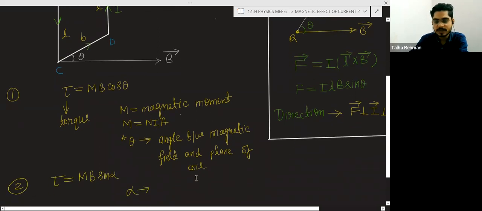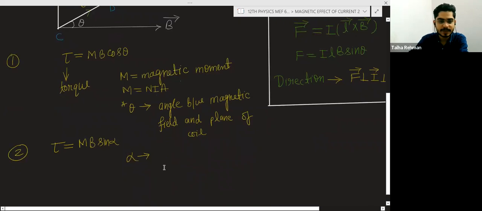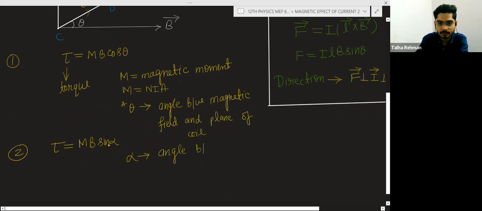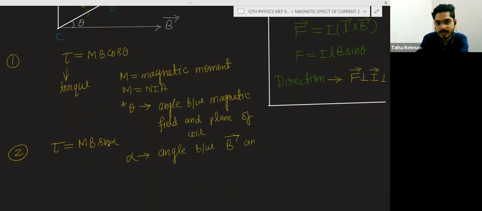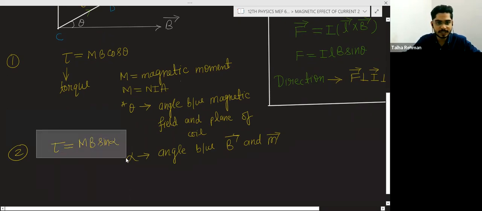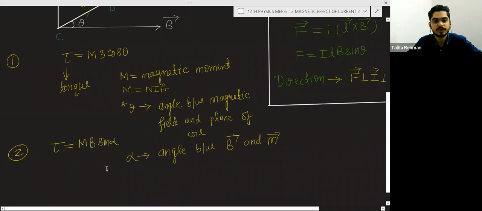Now, the second form of this formula is MB sine alpha. What is alpha? Alpha is the angle between the magnetic field and the magnetic moment. So there are two forms of this torque, and basically we will use this form more.